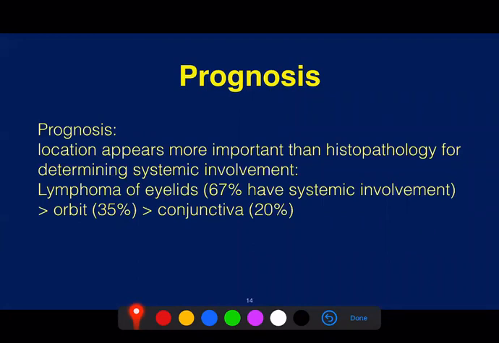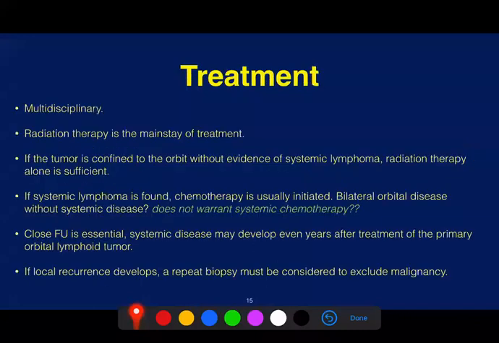So systemic involvement is more associated with eyelids, followed by orbit, then conjunctiva. Treatment, multidisciplinary. So if there is need of shrinking the mass, sometimes the patient presents like the patient I presented to you, will definitely need radiotherapy because it's causing ptosis, droopy lid, as well as mechanical effect.